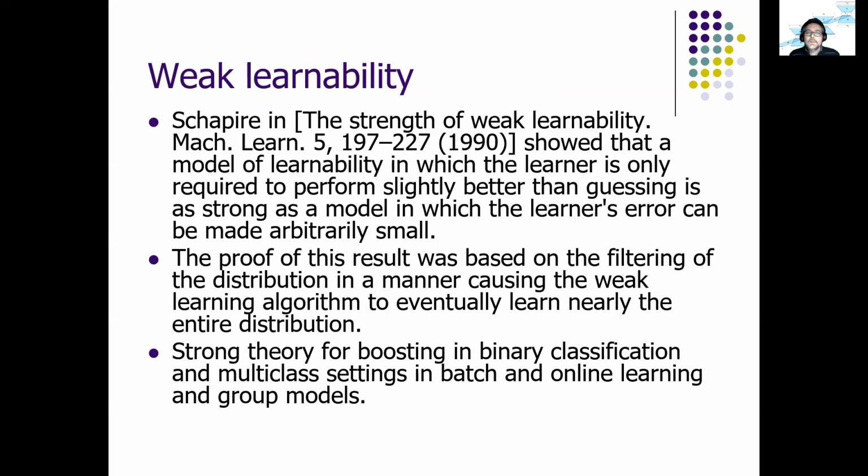And there are so many different models and so many different algorithms, which makes it a very complicated problem in reality. So the idea of weak learnability was that Schapire showed that it is possible to produce very good results without necessarily using a very strong model.